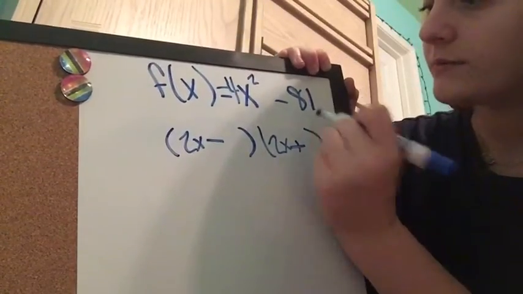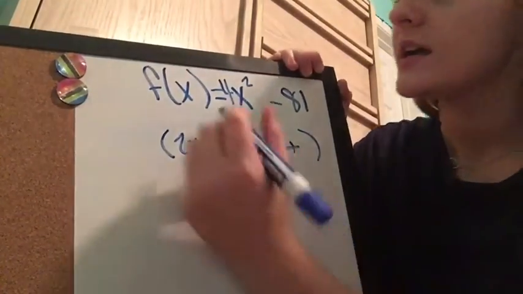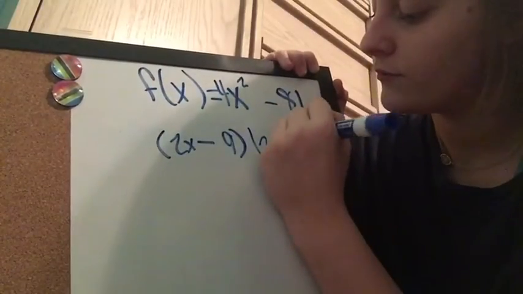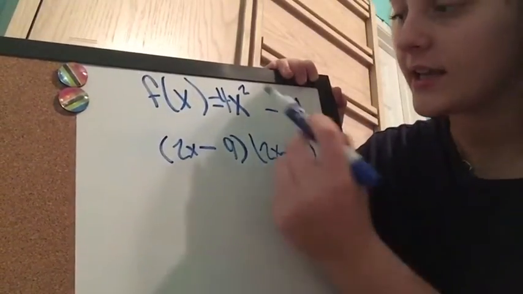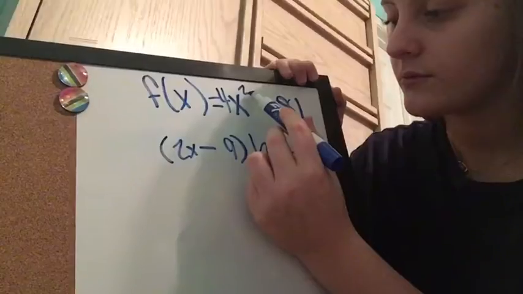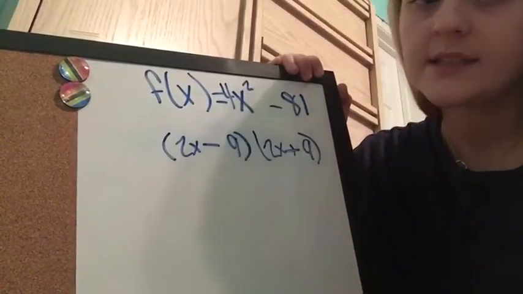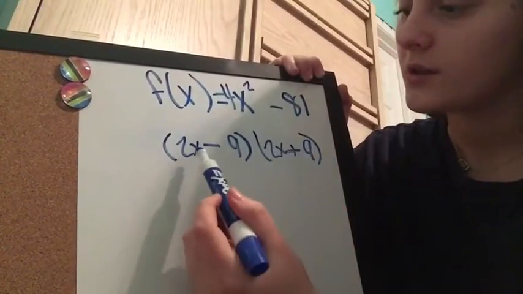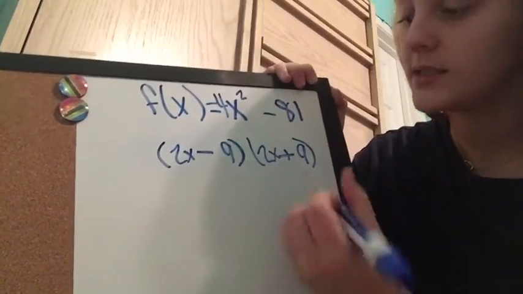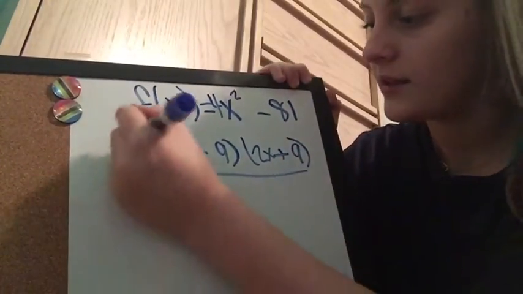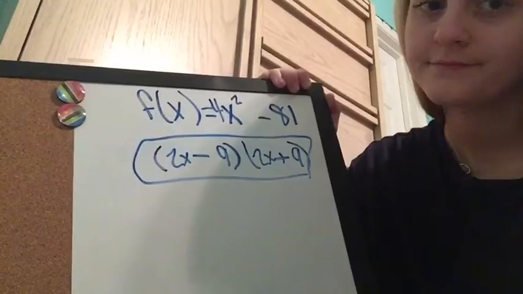And then the square root of 81 is 9. And since you don't have any of those in your parentheses, this would be the final answer.